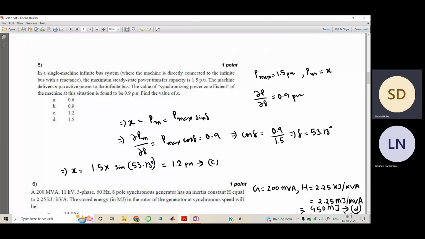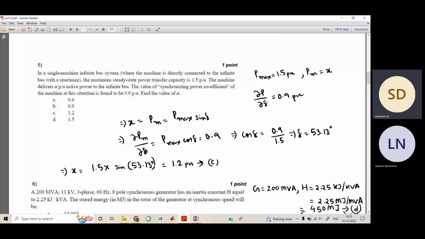and then it becomes 0 at 180. So when you take the differentiation of this, it is maximum at 0, and it is 0 at 90 and 0 at minus 90, right? So this becomes the slope. You have to operate the system where your slope is positive.